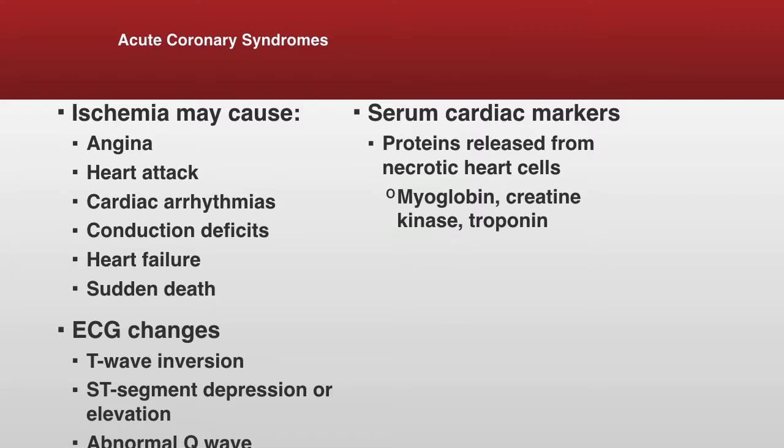So unlike the others, which are very specific for an MI having happened, this could be caused by you going out and jogging too long and having a lot of lactic acid build up in your muscles. So it just is not as specific, but yet we look at all three of these together to make a diagnosis of an MI.